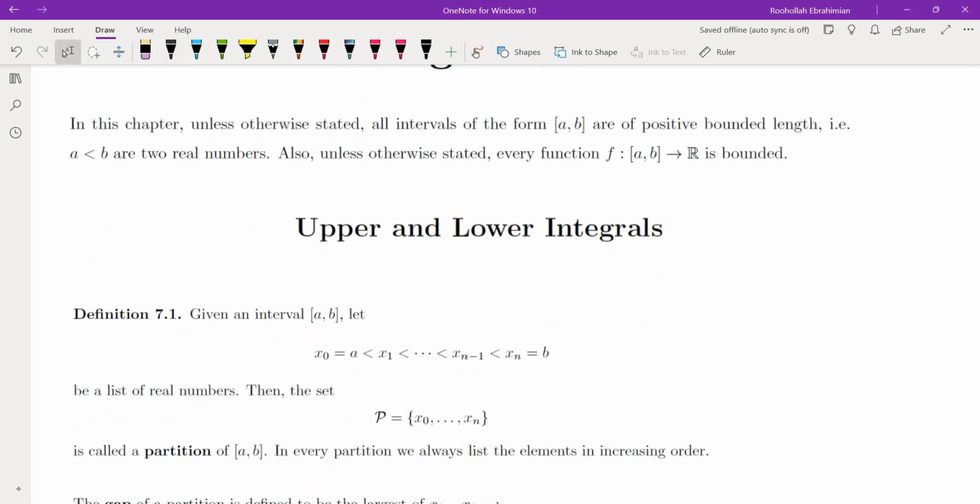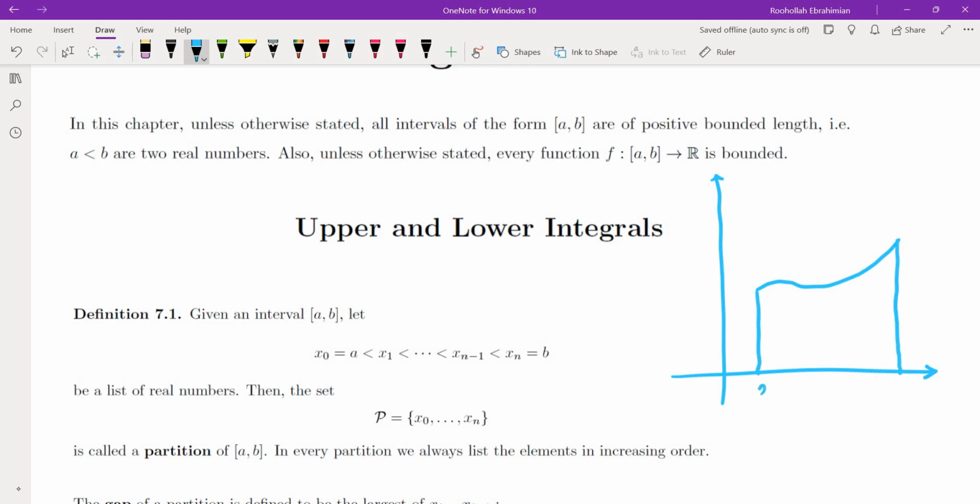Okay, so how do we define integral? In order to define integral, and this is something you have seen in single variable calculus, we take the interval from A to B, we divide it into small pieces, and then for each piece we approximate the area.